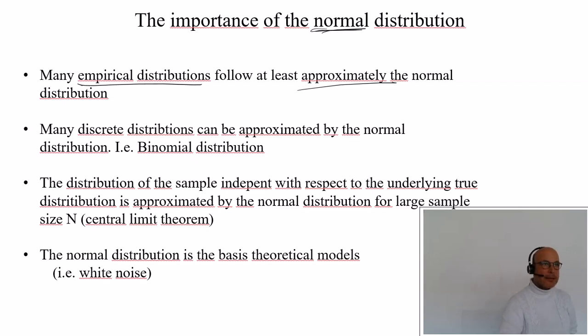And especially the binomial distribution. We have talked in the beginning of the lecture today that increasing the number of coin flips, the number of throws of a dice, reaches then the normal distribution.